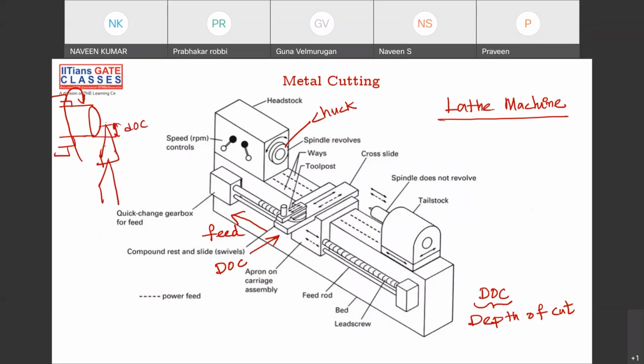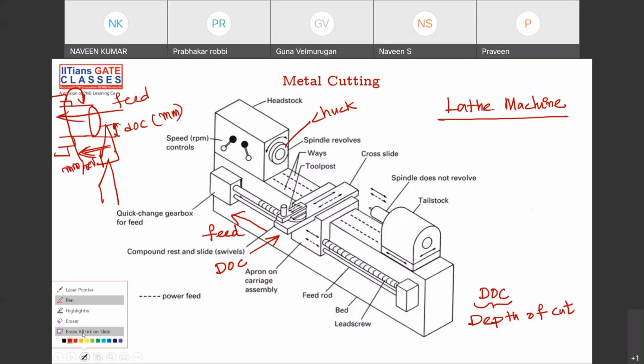Now you have to move this side with some speed. Depth of cut will be in mm. You have to move this thing slowly with some speed, and that is mm per revolution. That is your feed, in this direction. Any other doubts?